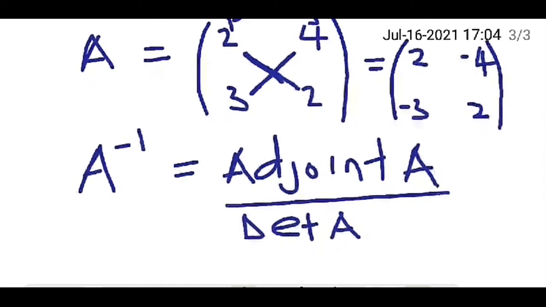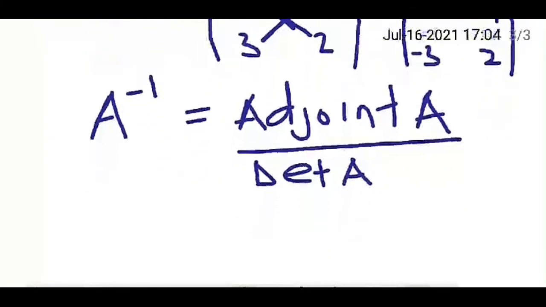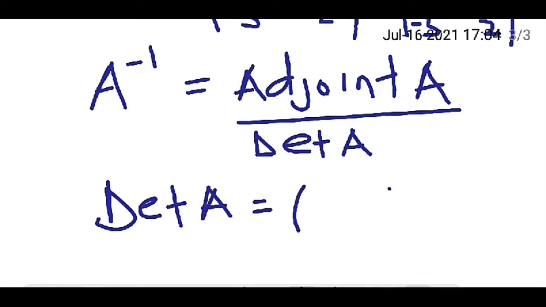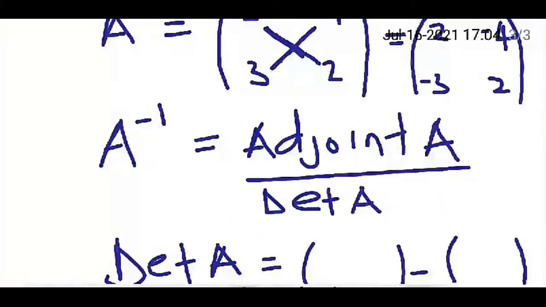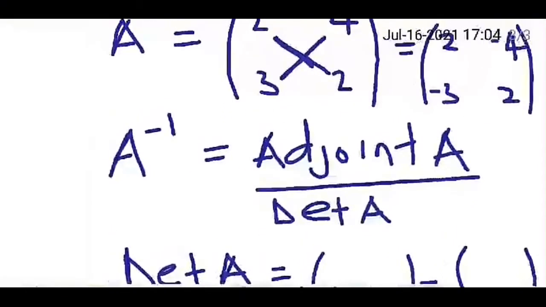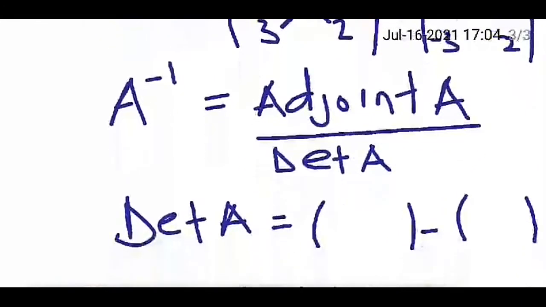How about the determinant of that particular matrix? We looked at how to get the determinant of a matrix. So the determinant of matrix A, you create 2 brackets and you subtract the brackets. In the first bracket, you put 2 times 2.